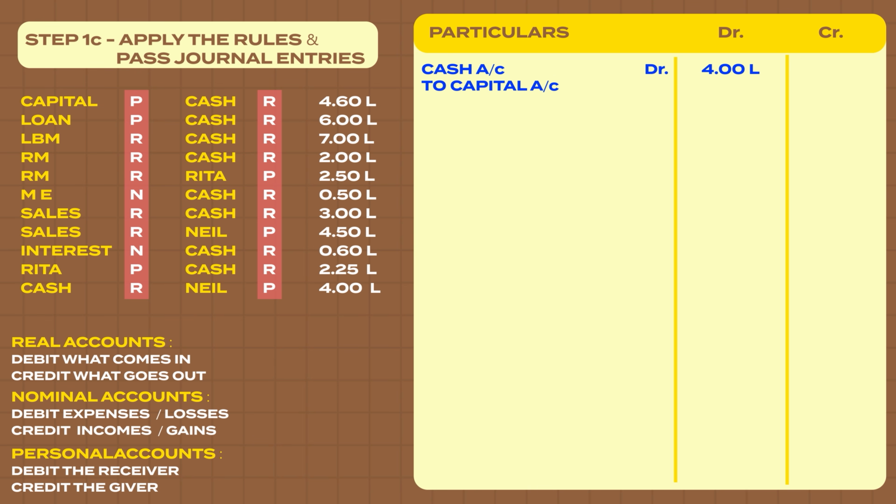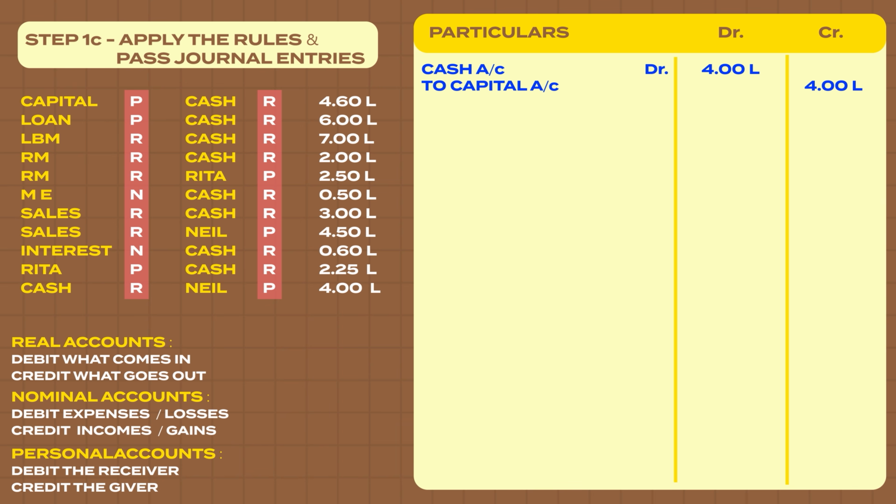Rule says debit the receiver, credit the giver. Carl in this case is the giver. So credit the giver, you write to Carl's capital account in the credit column 400,000. Guys, this was the procedure of passing a journal entry, so and so account debit. For credit, you start with the word to. Journal entry number 1 has been passed.